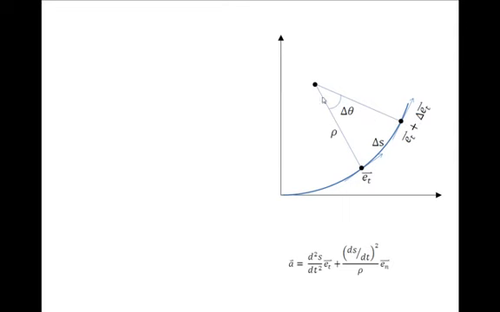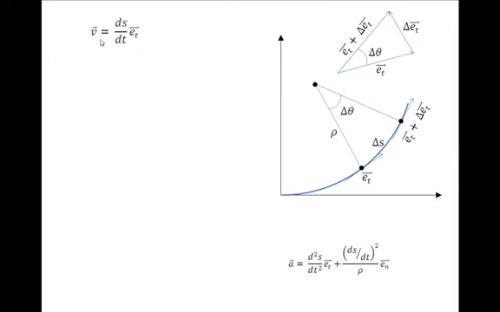Let this be the center of curvature, let rho be the radius of curvature, and let the distance along the curve be delta s, and let this small angle be delta theta. Now, if we reproduce these vectors here, we draw parallel to et, we draw parallel to et plus delta et, then completing the vector triangle, we get the delta et vector like this. This is going to be useful in our derivation.